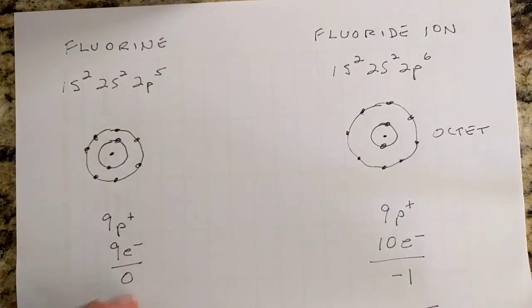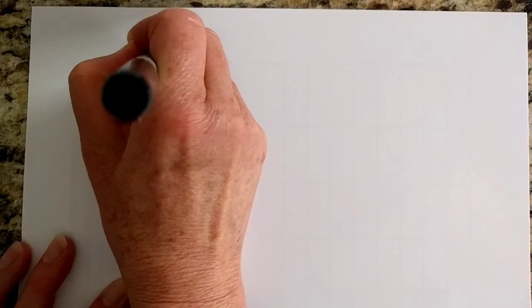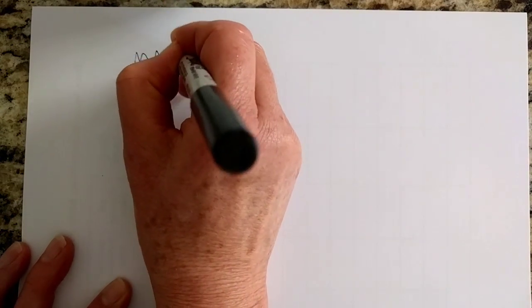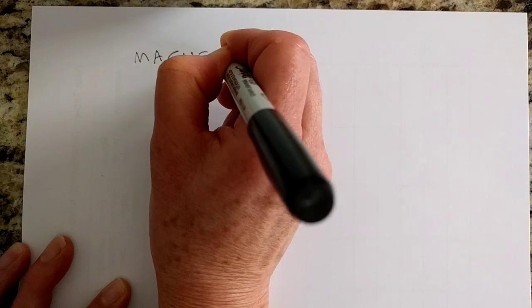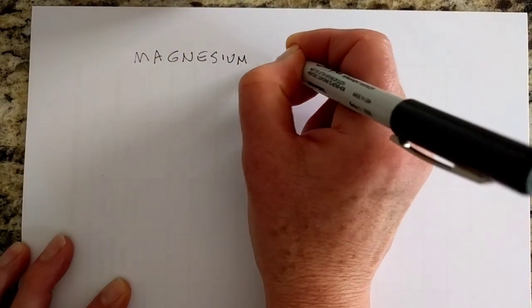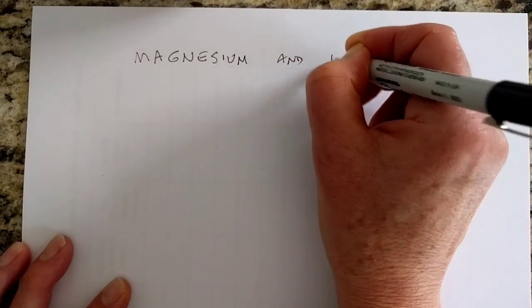Okay, so now we're going to move on to learning how to figure out compounds using electron transfer. So we're going to start out with magnesium and fluorine, and make a compound from magnesium and fluorine.